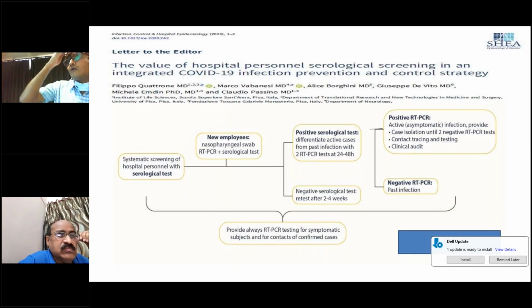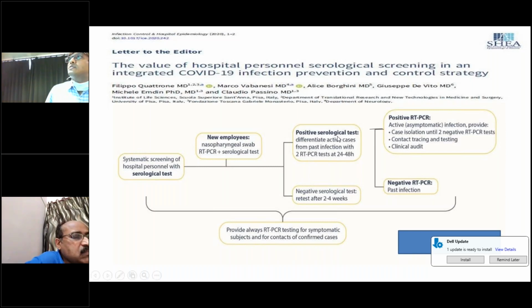Now this is an algorithm which shows how the antibody test can be used for systematic screening of healthcare personnel. If we use the serological test for screening of the healthcare personnel, and if there are new employees, then along with the serological test we can use RT-PCR for screening.